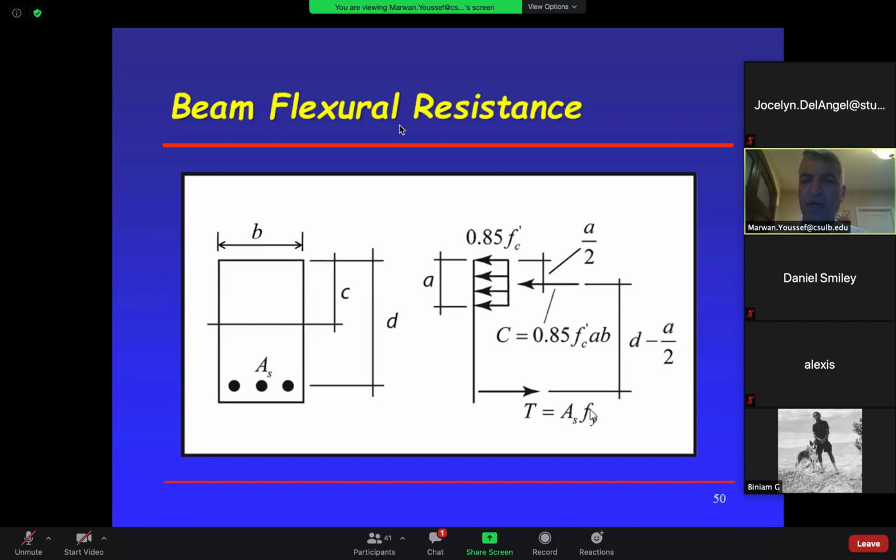So that couple equals T times (d minus A over 2) or C times (d minus A over 2). In college, the same concept, we call it moment instead of couple. So the moment here equals T times (d minus A over 2) or C times (d minus A over 2). That's it, really.